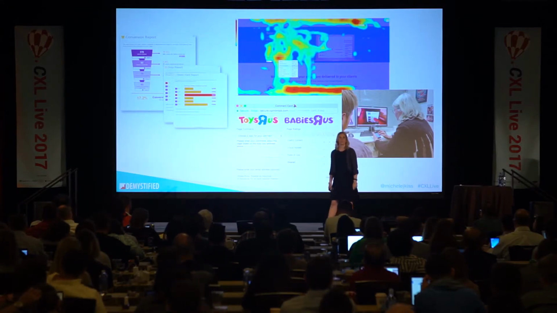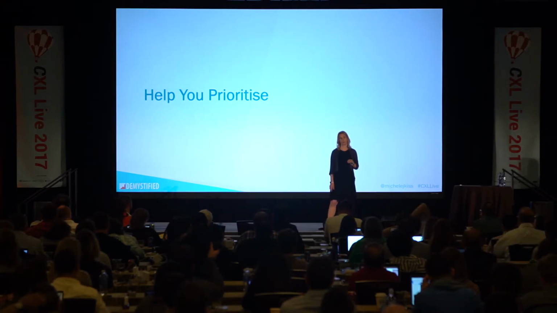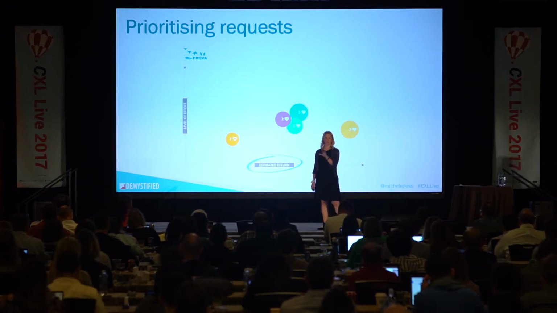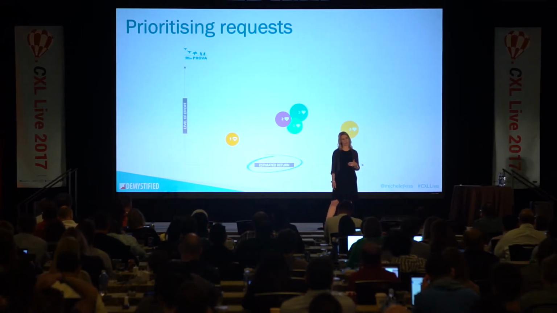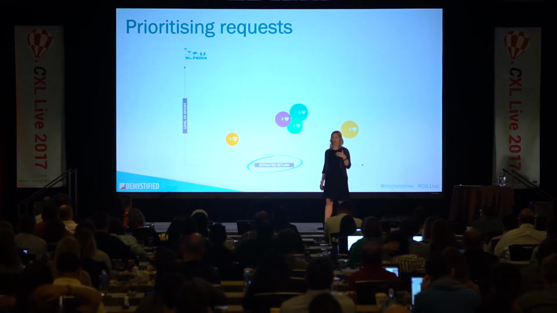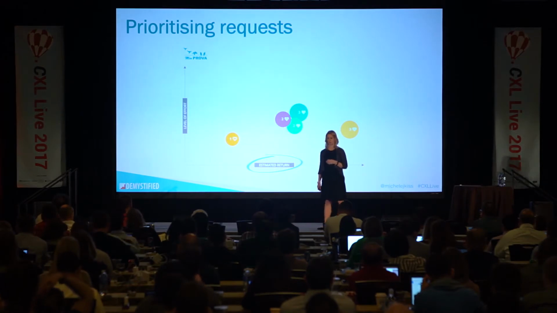So one of the things that I found helpful is using your data to help you prioritize your test requests. A really rough way of doing this might be to look at what the estimated return is for a test versus what the level of effort is to build, deploy, run it, and possibly manage it ongoing.